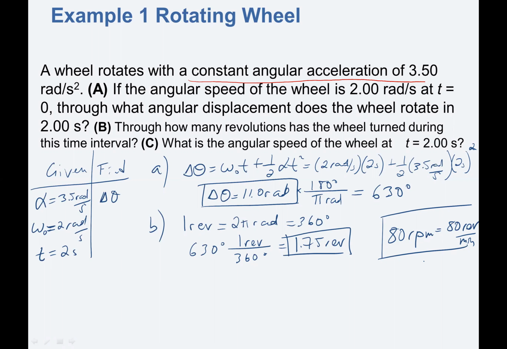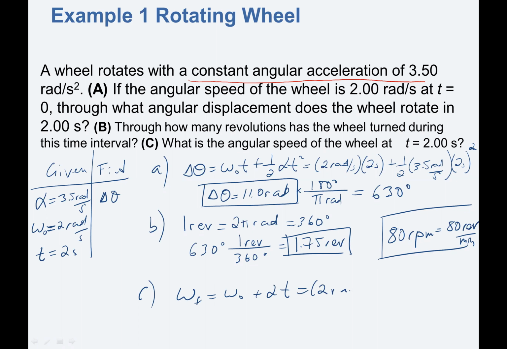All right, so let's look at part C, which asks what is the angular speed of the wheel at t equals 2 seconds. Again, we're given angular acceleration, initial angular velocity, and time. Now we found the displacement. The question is, what is omega final? Go back and look at those angular kinematic equations, and you will see that equation 1 is by far the easiest one to get final angular speed, because I'm given everything.